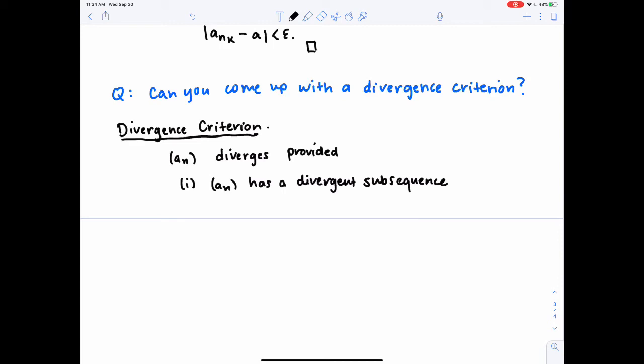or there's another way this could happen. You could have that a_n has two subsequences that converge to different limits.